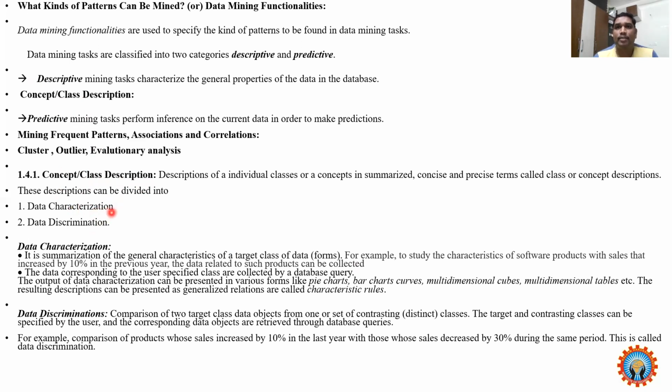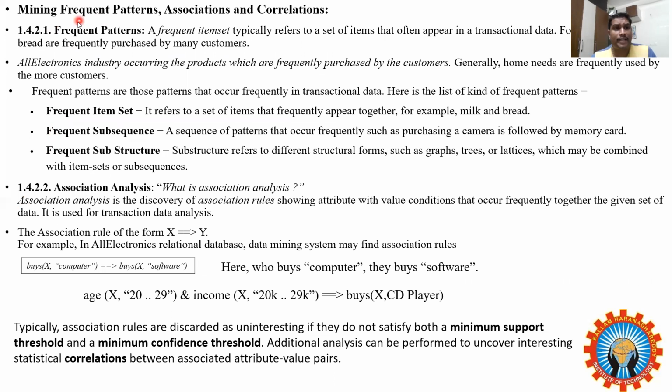In characterization you have one target class, you compare the data with that target class. If you have data discrimination, you have two target classes, you have to calculate two distinctive properties of the same product. Okay, clear.